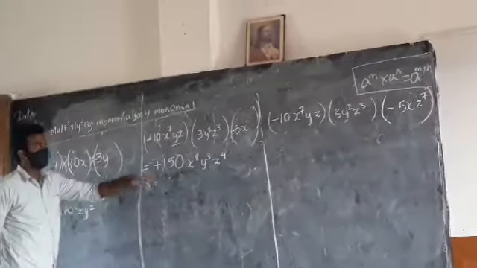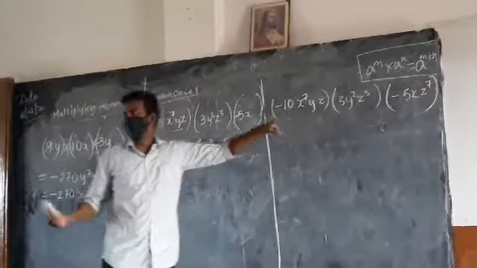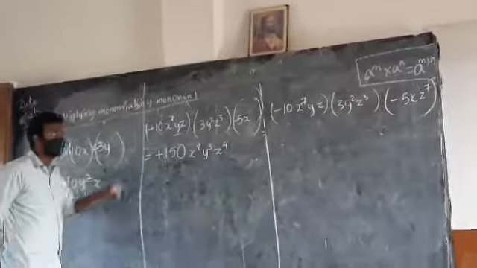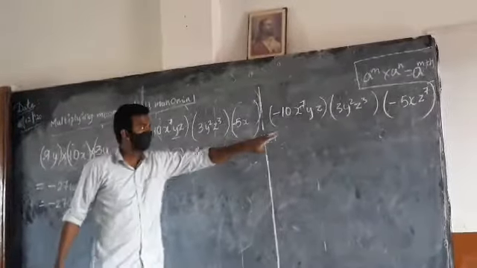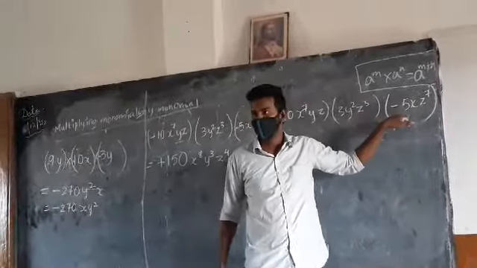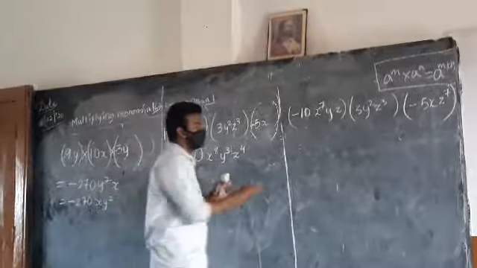What is the difference between this and this? z power 7, nice observation. The z variable is occurring in all three monomials. That is why I have given that problem. Let us see how it comes.